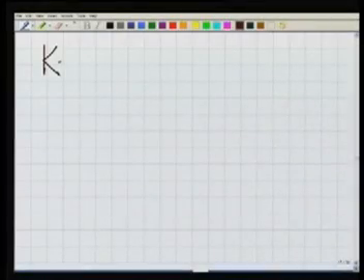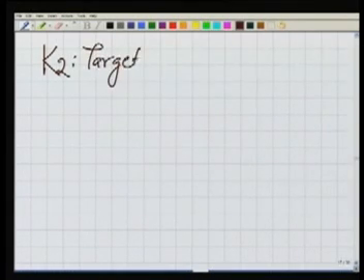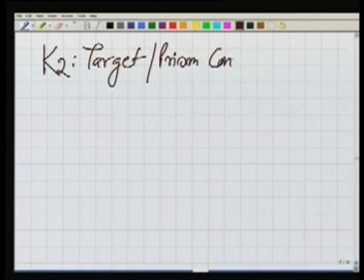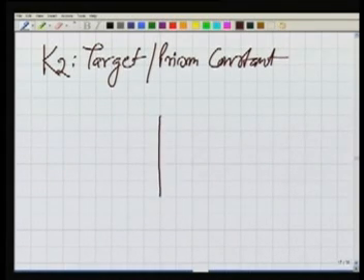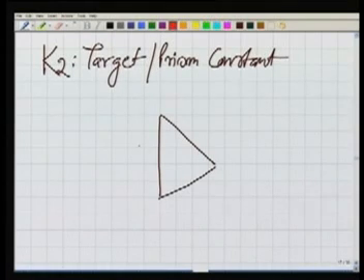The second one is k2. This is called the target or prism constant. Now what is this? I am going to draw a passive target here. That's a prism. The laser or the EMR comes here, reflects and goes back.